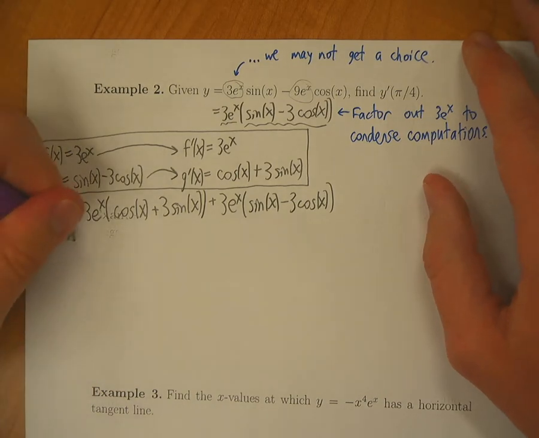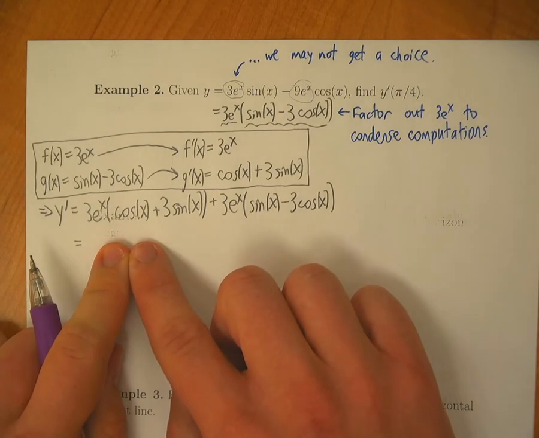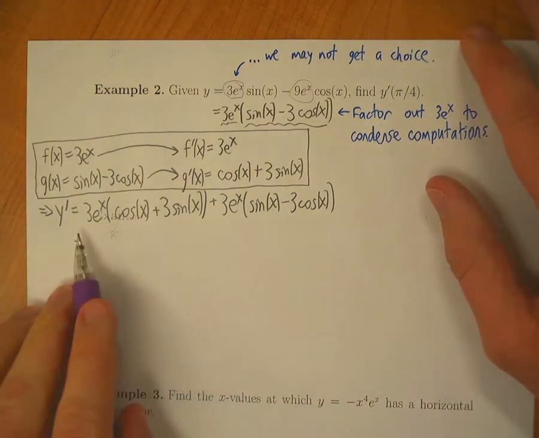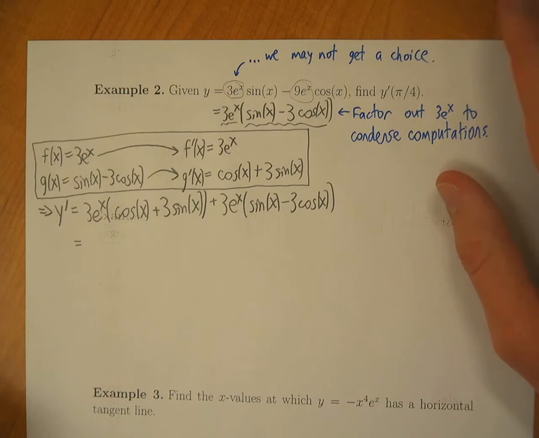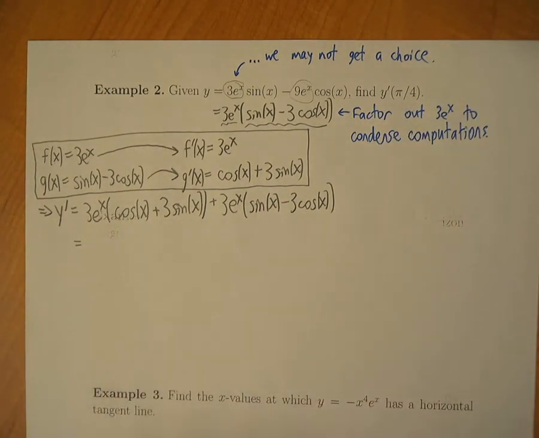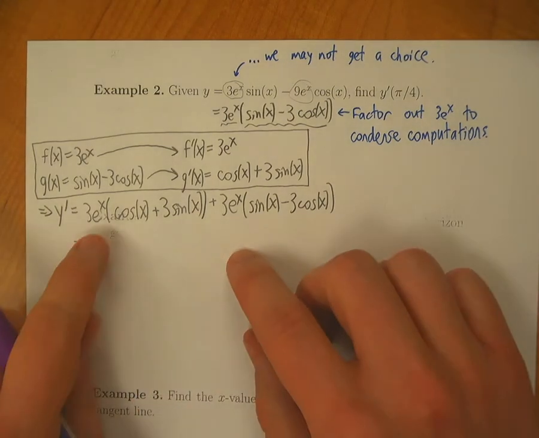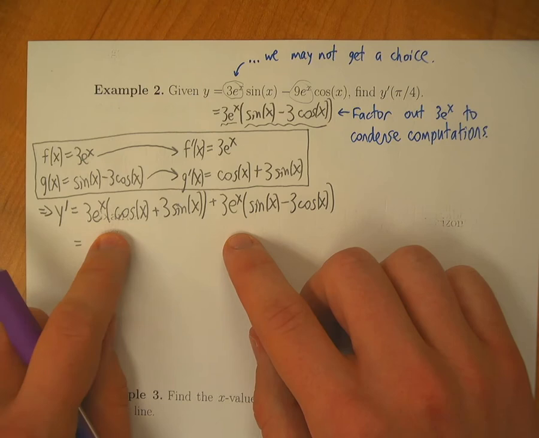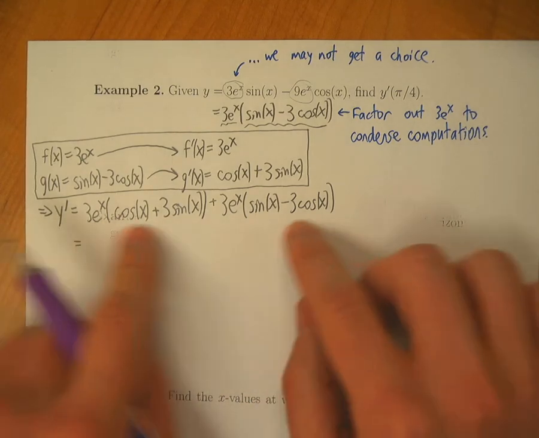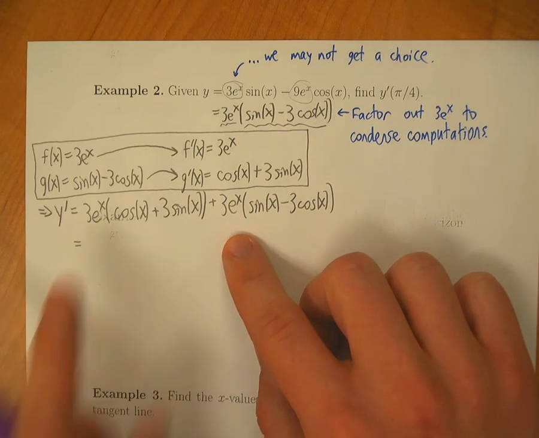The nice thing is that while this application of product rule is not wrong, and this does give you the correct answer, we're going to simplify this as much as we can, because there's a lot we can simplify here. We notice that both terms in our expression for y prime have 3 times e to the x in them.